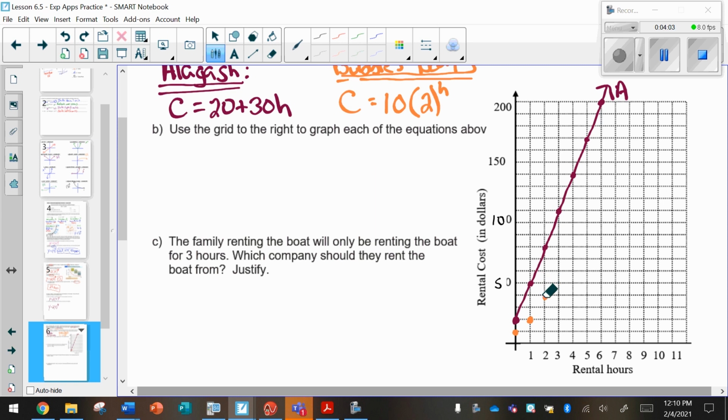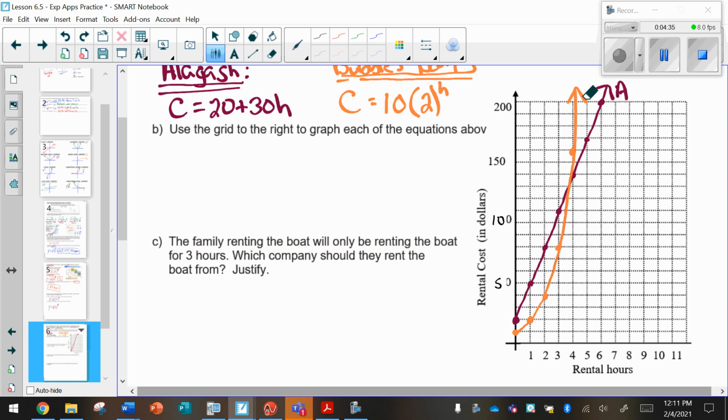Then 40 times 2 makes it 80. And 80 times 2 jumps to 160. And then 320, we're off the chart, off the page. So we're going to carefully connect these dots and curve it. It's going to intersect the line somewhere in between here, and then jump up really quick.